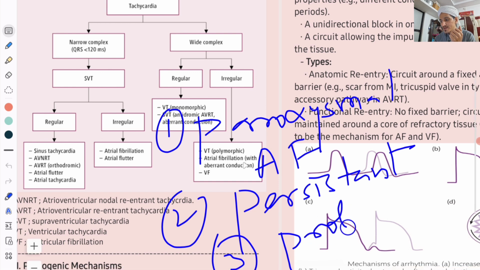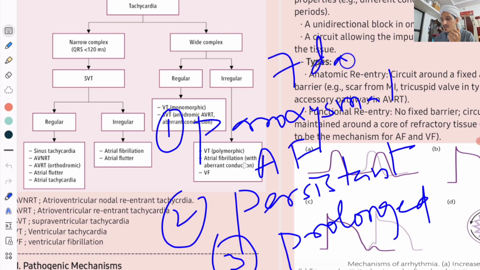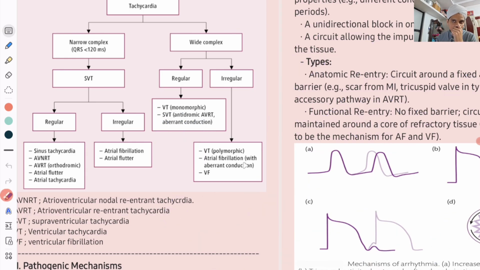Paroxysmal is up to 7 days. Persistent is 7 days to 1 year. Some books say one year, some books say 2 years. And prolonged is more than 1 year. These are the three types of atrial fibrillation: paroxysmal, persistent, permanent. I think prolonged is nothing but permanent atrial fibrillation.